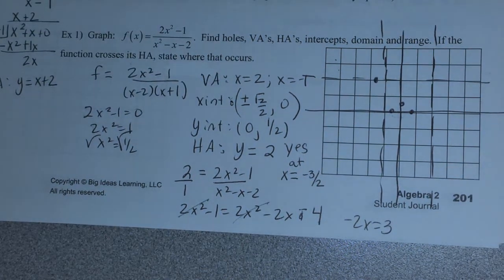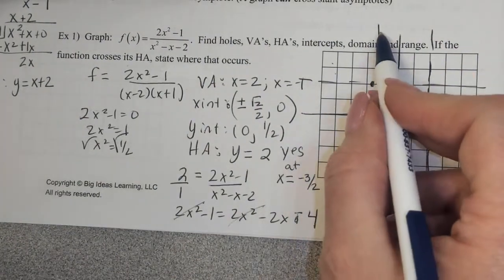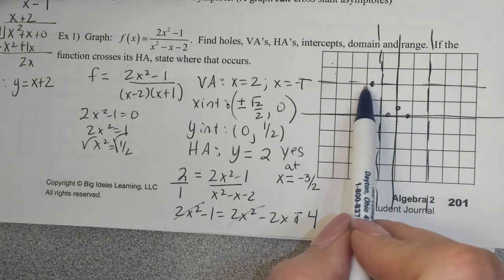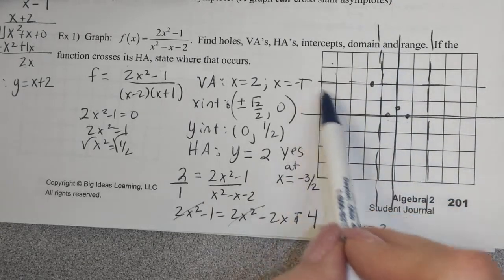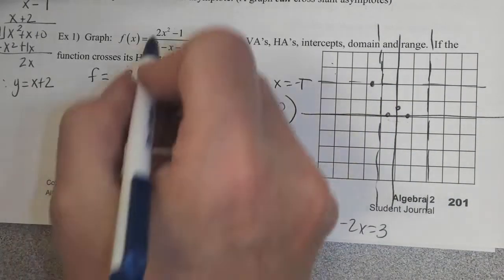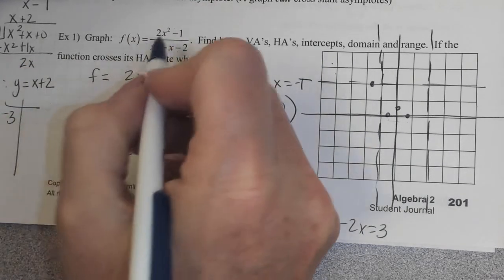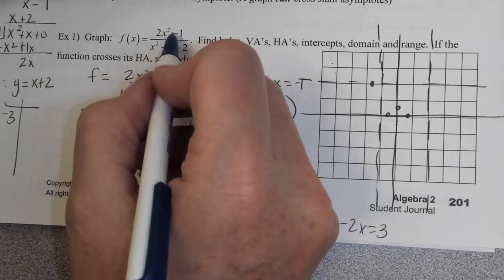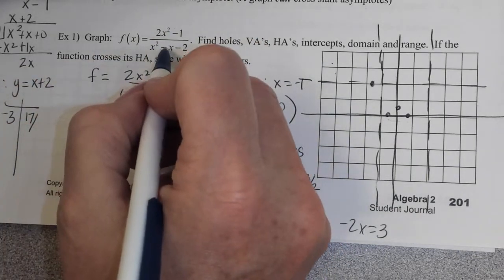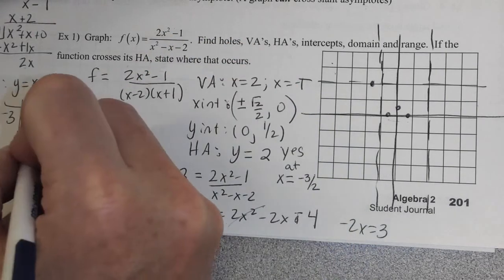All right, now, if I want to do a nice graph of this, I need to check some points. Now, I know it's only going to cross right here. It's not going to cross again. So I'm pretty sure it's going to go down like this, but I'm just going to check. I'll check negative 1, negative 2, negative 3. Plug in negative 3. Negative 3 squared is 9 times 2 is 18 minus 1 is 17. Negative 3 squared is 9, 9 plus 6 is 15 minus 2 is 13.